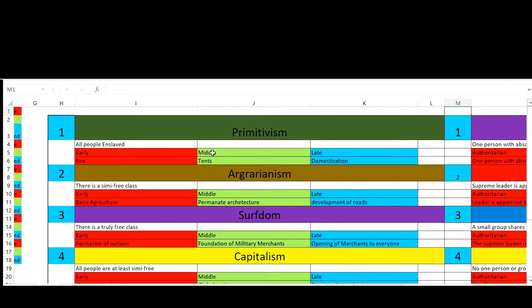We then have late stage primitivism, which is the domestication of animals. So we're talking horses, cows, sheep, goats, dogs, cats, basically anything that can be domesticated for use in aiding in survival. They are domesticated here. So basically a herdsman, all that kind of stuff. Think like Middle Eastern herdsman society type of deal.